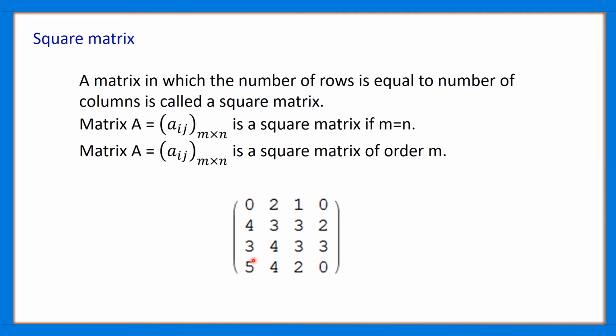Therefore, the order of this matrix is 4 cross 4, simply 4. Okay. And it is a square matrix since the number of rows is equal to the number of columns, which is 4. So if the order of a matrix is m cross n and m is equal to n, then we say that it is a square matrix.